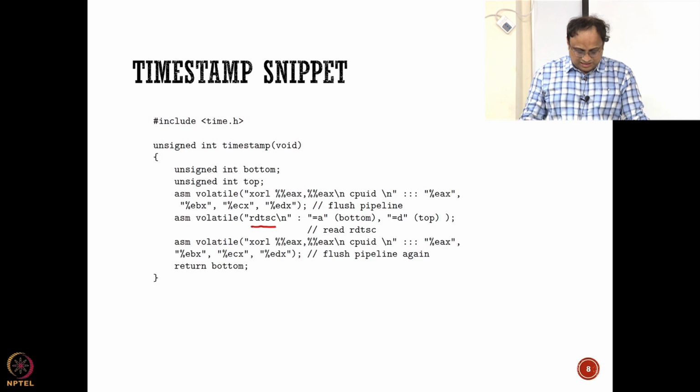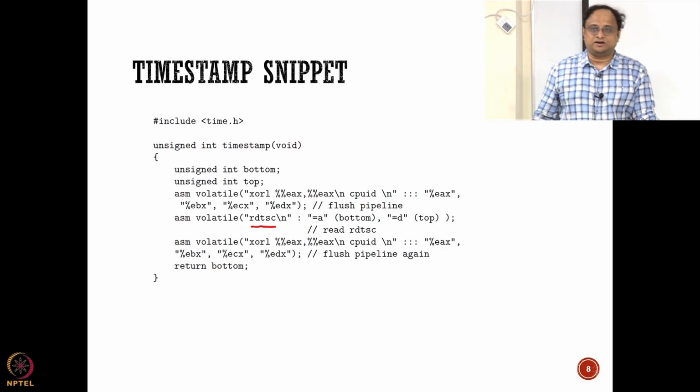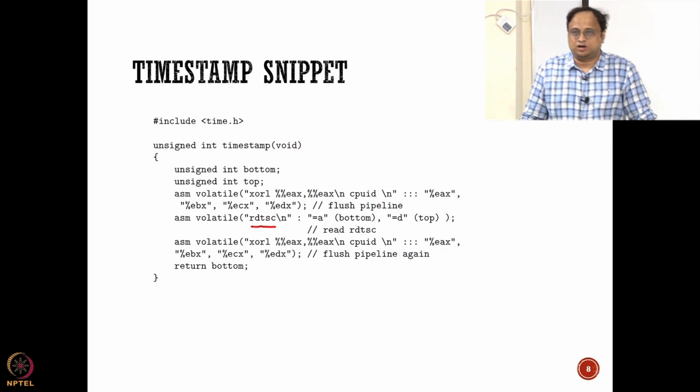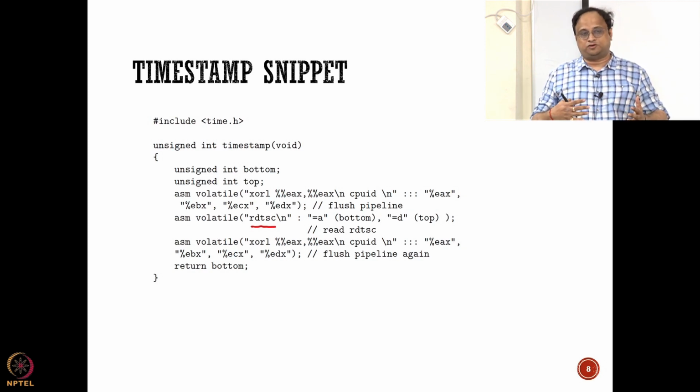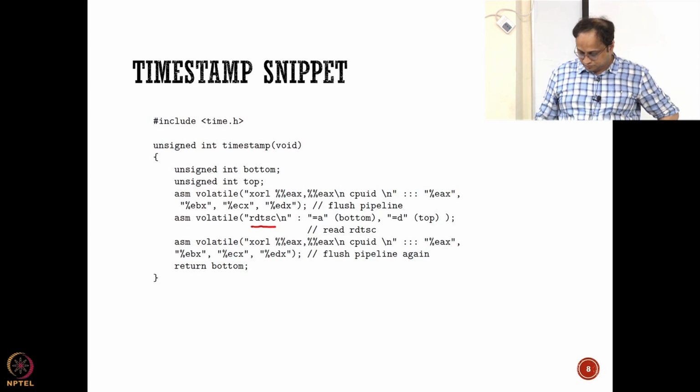You will see that there are certain other things also like CPUID. There are certain reasons why you use them, largely to ensure that the pipeline of your processor is always flushed, so that you reduce the non-determinacy that can come often because of dependencies and other things in your code execution. So you can take this code snippet as it is and use it to create these two timestamps, ts1 and ts2, and get the difference of the times.